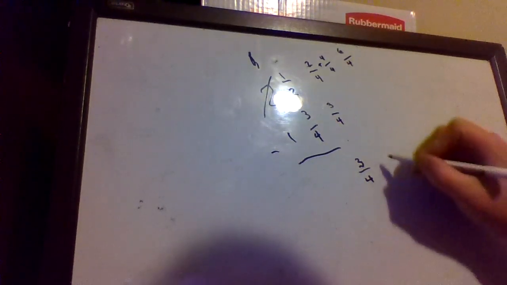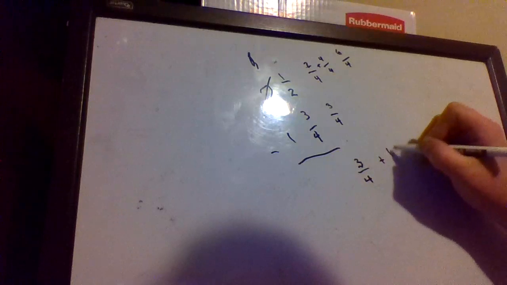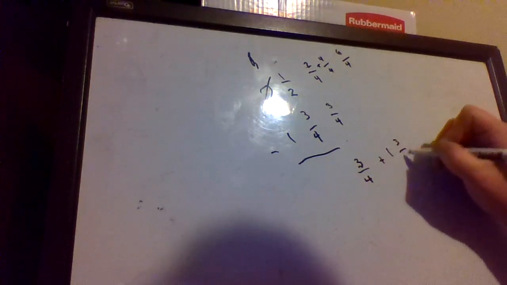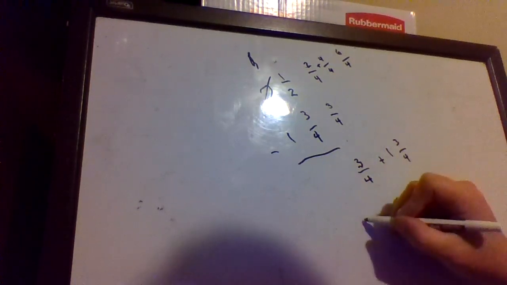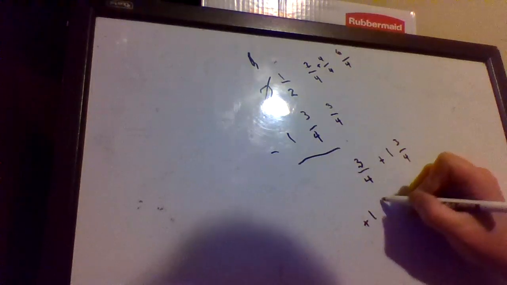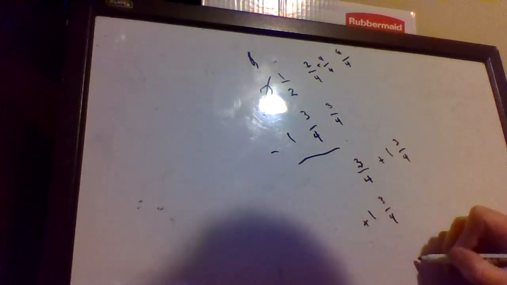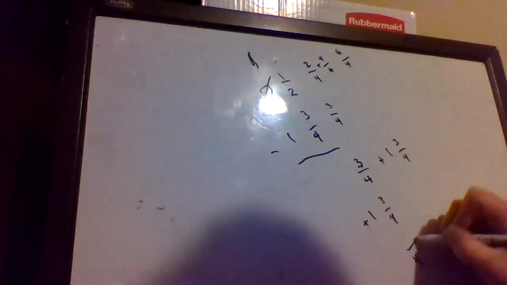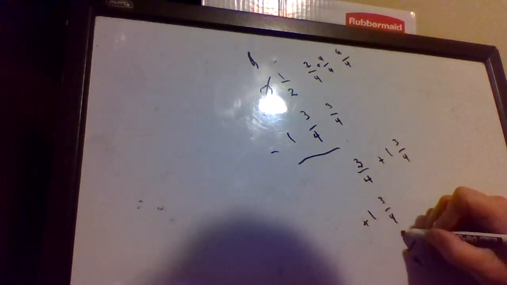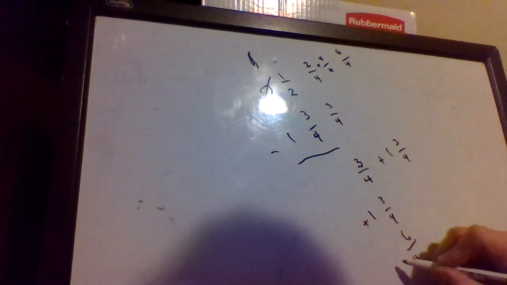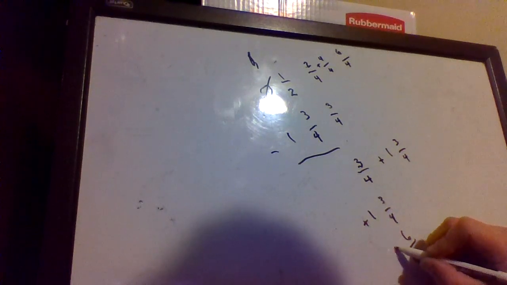So 3/4 plus 1 and 3/4. Or it might be easier to do it this way. We keep our denominator. We add our numerators, 6/4, and we just add the 1 because we have nothing above it.